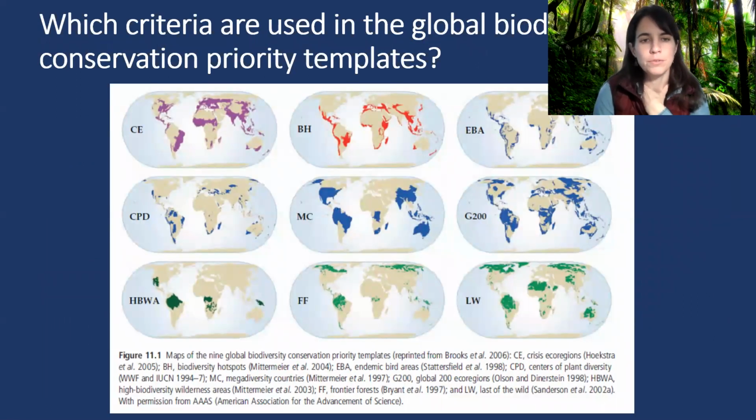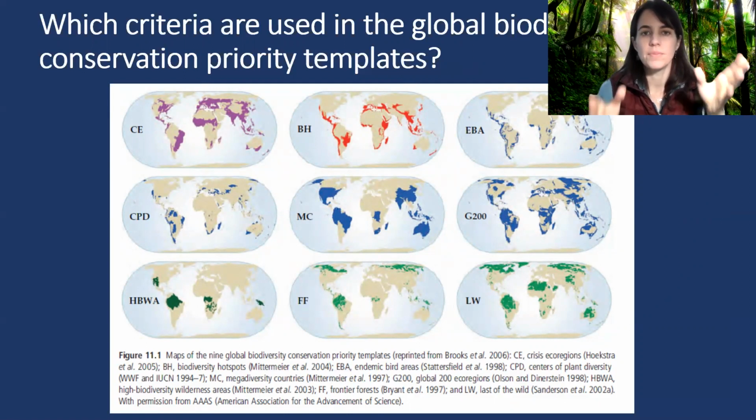So I'm gonna walk you through for a second these 9 biodiversity conservation priority templates that your reading talked about. Your reading basically was trying to show you that many different scientists have taken many different approaches to saying, where should we conserve biodiversity?